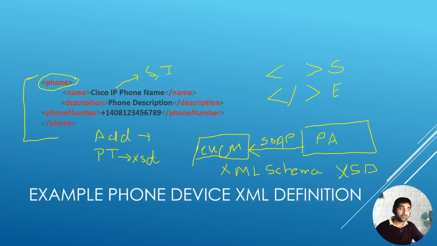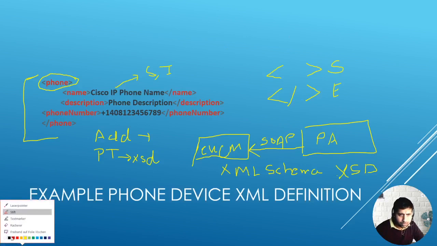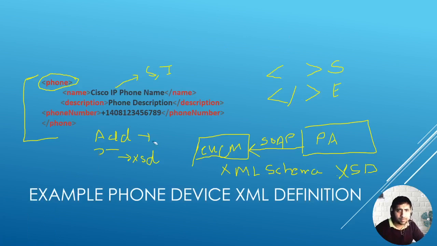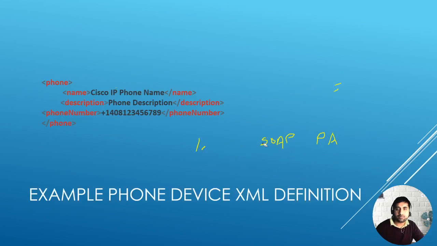So the first three things that you should be aware of are, first, what is SOAP. The second thing is what is XML. So basically, let me erase these things so that it comes clear, and then I can properly write it down here, and then you guys understand what I mean.